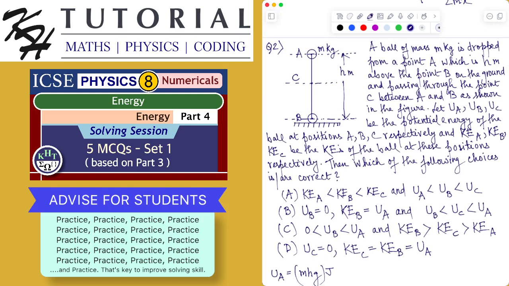Now the problem has not asked to find the values of UA or UB or UC or even the kinetic energy of the ball at any of these positions.